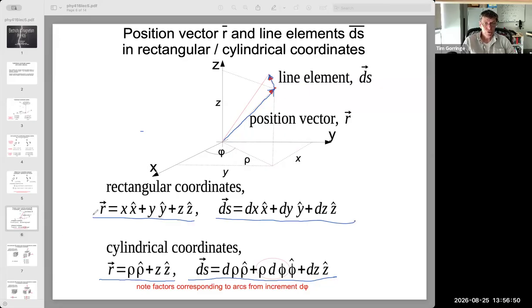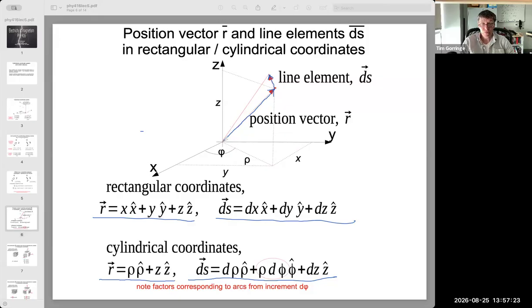So in rectangular coordinates, the position vector R, in terms of the x, y, and z unit vectors, is just those unit vectors multiplied by the x, y, and z components of R. A little different in cylindrical coordinates. The position of this field point, R, explicitly in cylindrical coordinates is rho times the rho unit vector plus z times the z unit vector.